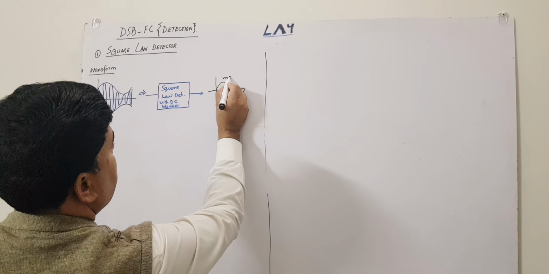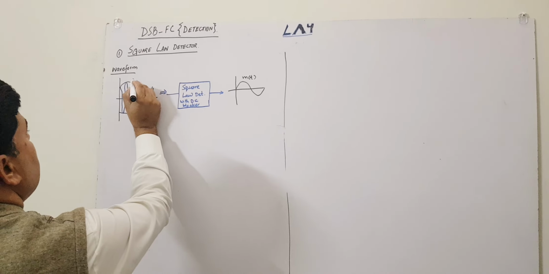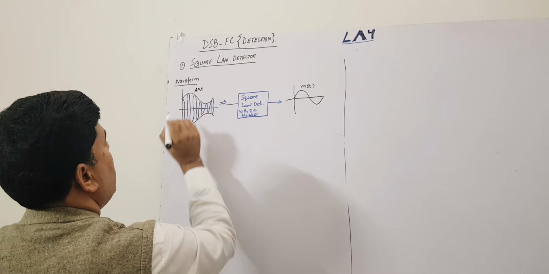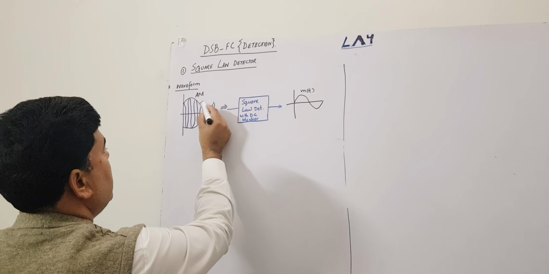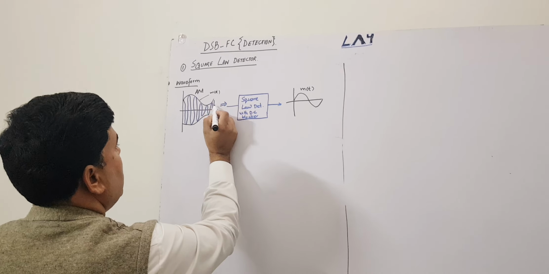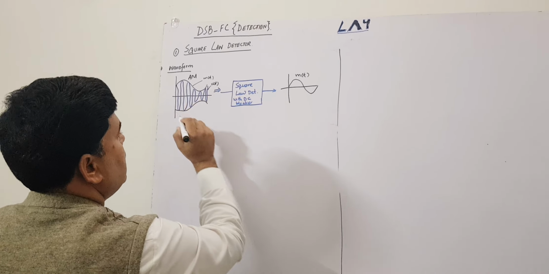So that one is m(t). This signal is basically the AM, amplitude modulated signal, which contains the carrier and m(t). So this is m(t) and this one is c(t).